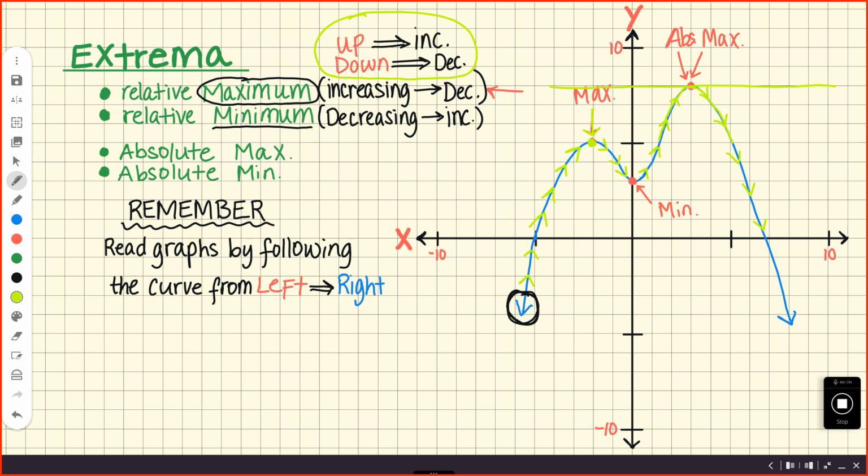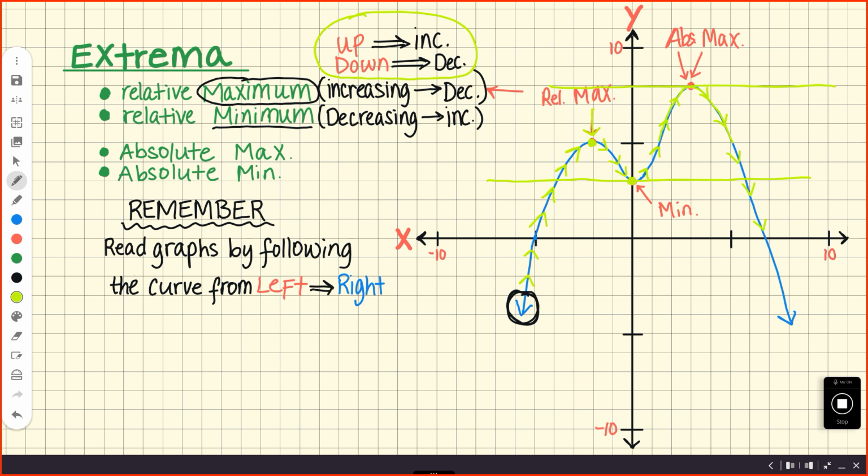Okay, so that one would just be a relative maximum. If I look at this minimum right here, I do see that if I draw a line, I have the blue curve underneath that line.